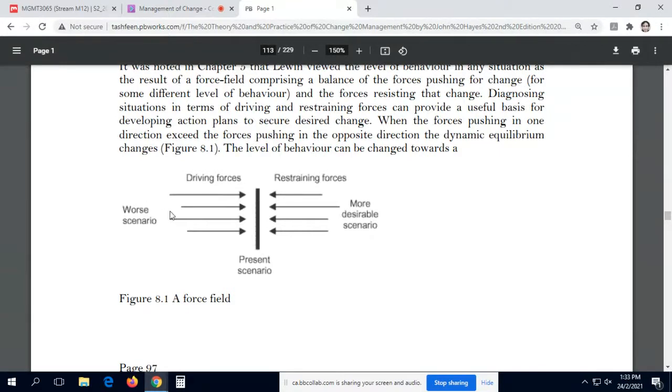There would be some driving forces coming from this side, and then there would be some restraining, resistance forces from this side, and both of these forces are going to decide where the new status quo would be. So for example, the present scenario can be that people do not want to speak much in the online learning session, so they don't want to speak much.